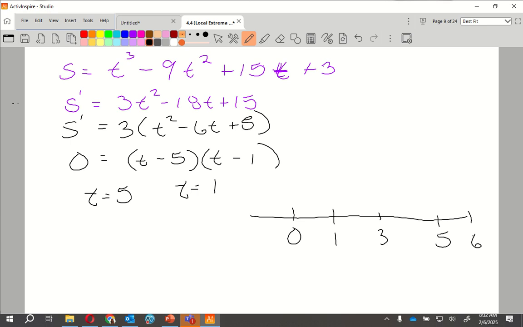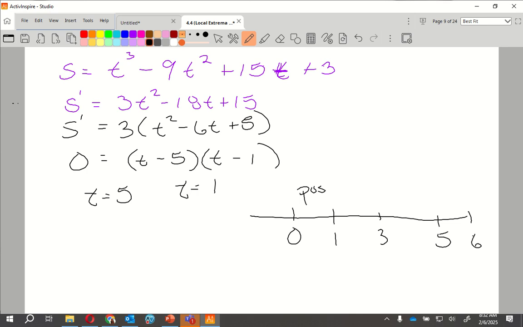So at 0, if I plug in 0, I get negative 5 and negative 1. Two negatives make a positive. And at 1, from 1 to 3, let's see, plug in 3.